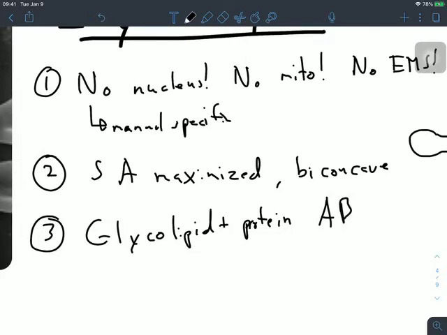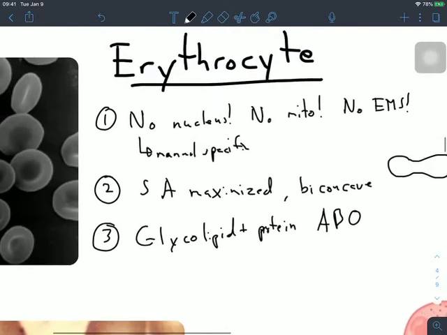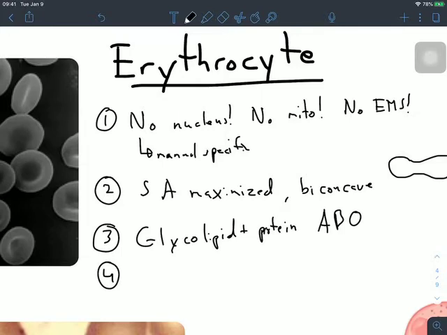The A, B, O blood groups, which are essentially different glycoproteins that have different sugar molecules sticking off the top of them to identify them as a very particular blood type. Last but not least, when discussing erythrocytes, we have to talk about their recycling, removal, and harvesting, essentially, because without a nucleus, you can only maintain for so long. So all erythrocytes are recycled in the liver.